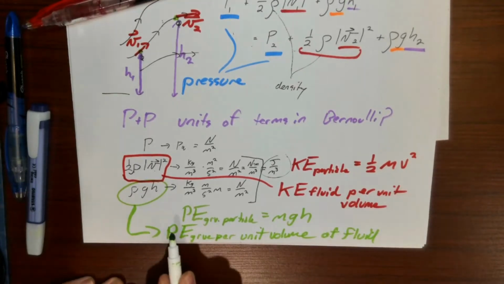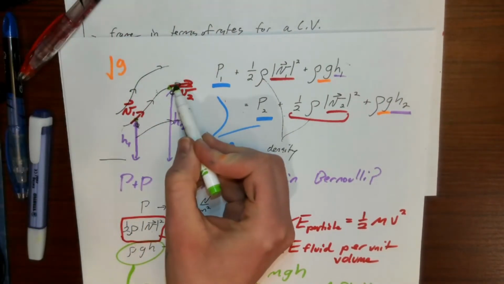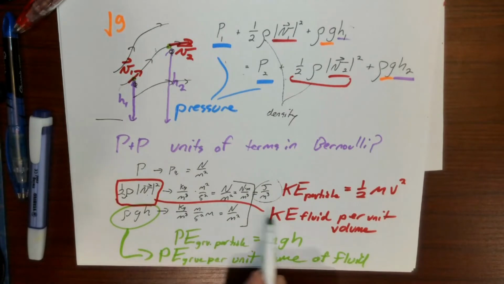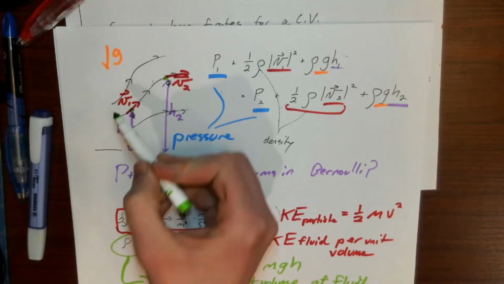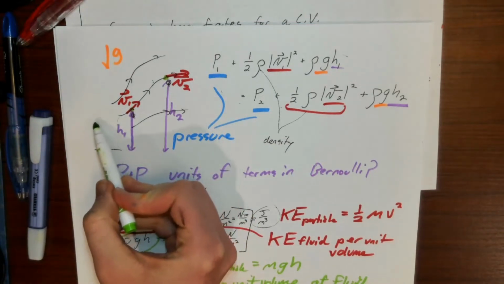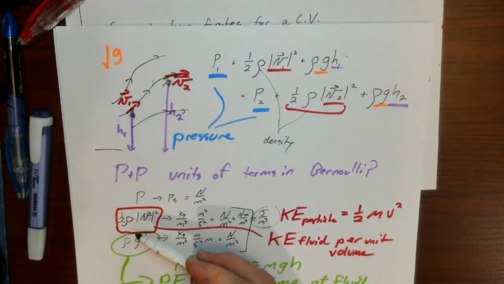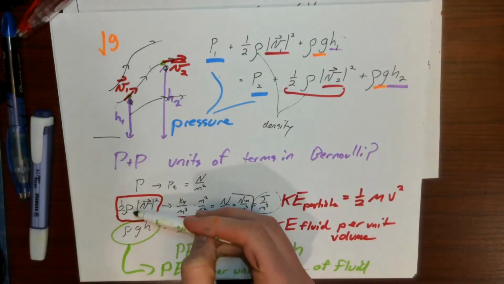So in the same way that particles can have potential energy, chunks of fluid can have potential energy. And in the same way that particles can have kinetic energy, chunks of fluid can have kinetic energy. And we can have exchanges. If I have some flow here and it transitions to a different part of the flow, I can have exchanges between potential energy and kinetic energy.